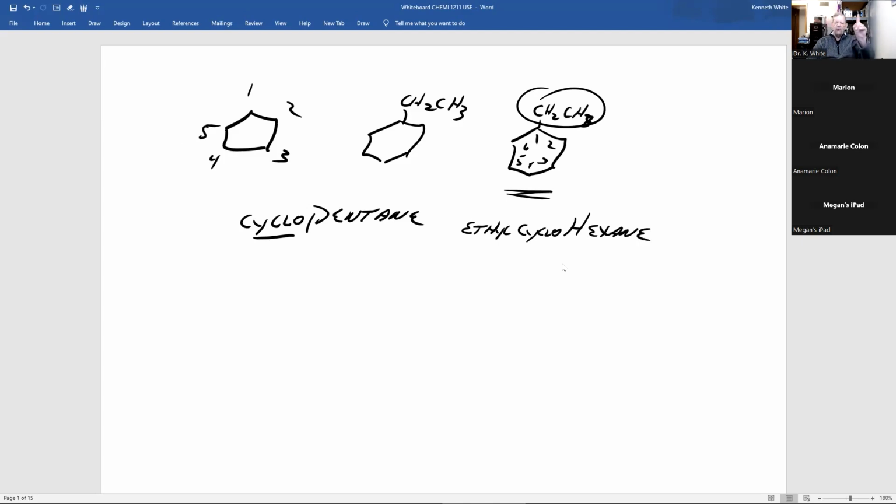When there's only one substituent alkyl group on a ring, you don't use a number. That's ethyl cyclohexane. This is ethyl cyclohexane. All I've done is rotated 60 degrees.